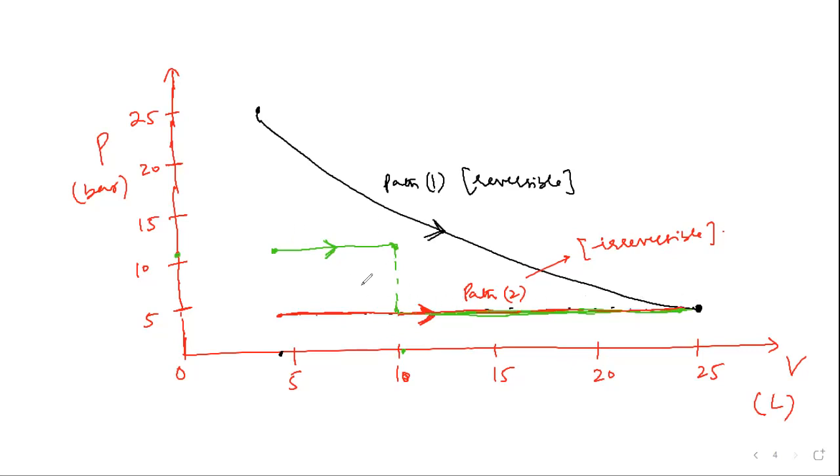Now this green one is my path 3. First, the expansion takes place at 11 bar pressure until volume is 10.2 liters. Then it takes place at the pressure of 4.5 bar, right?